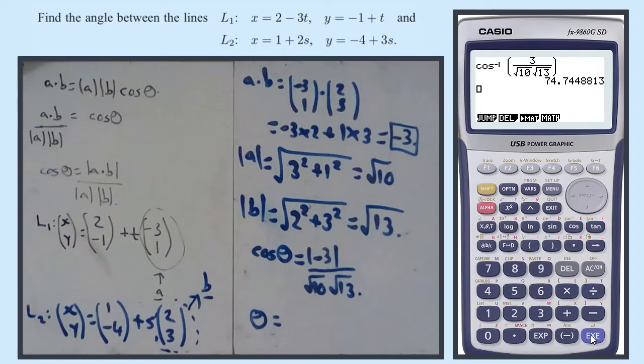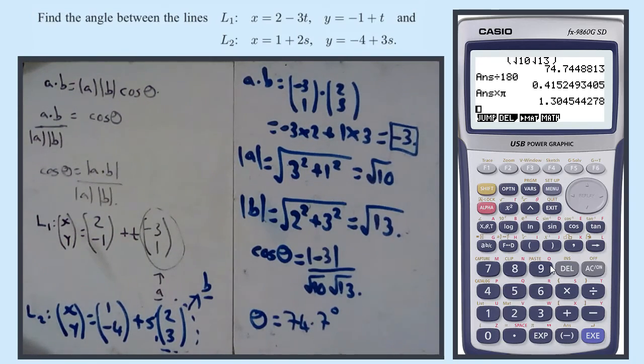That gives me an answer of 74.7 degrees. If I want that in radians, I could divide by 180 and times by pi. To 3 significant figures that equals 1.30 radians.